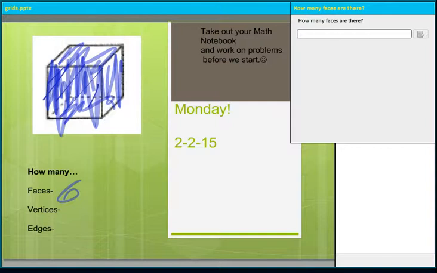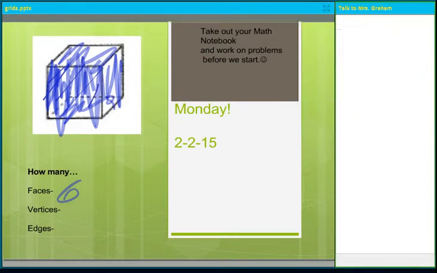Okay, now how many vertices? Raise your hand if you can tell us what a vertice is. Tyler, what do you think? What is a vertice?